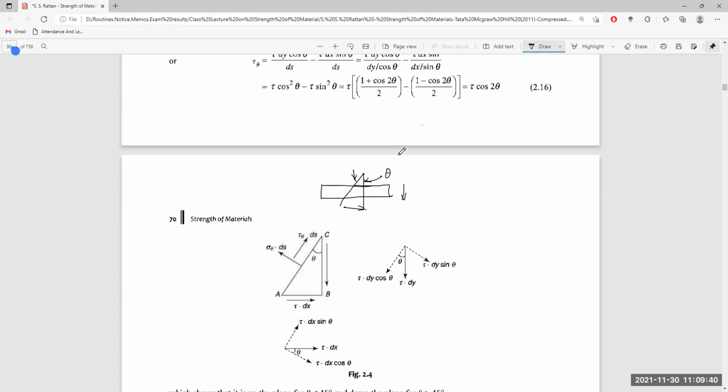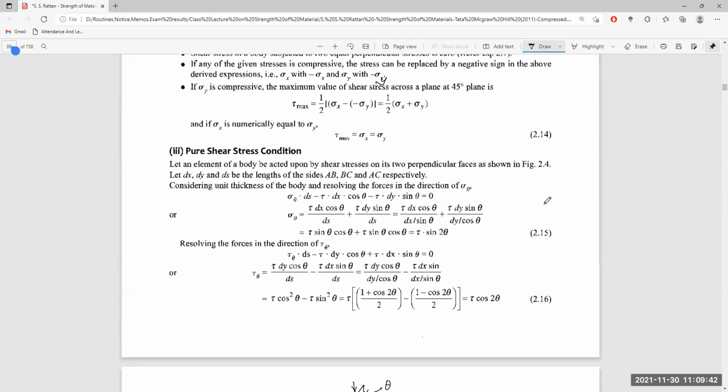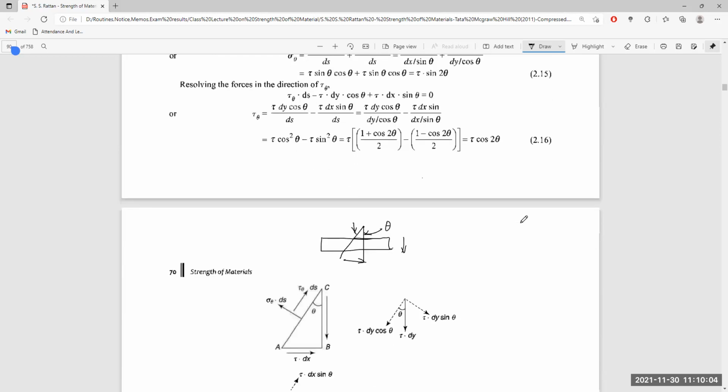So what we are supposed to do here: the element of the body is as shown here, with dx, dy, and ds being the lengths of the sides AB, BC, and AC. Considering the unit thickness of the body and resolving the forces in the direction of sigma theta. We have two forces, tau here and tau here, and they are equal.